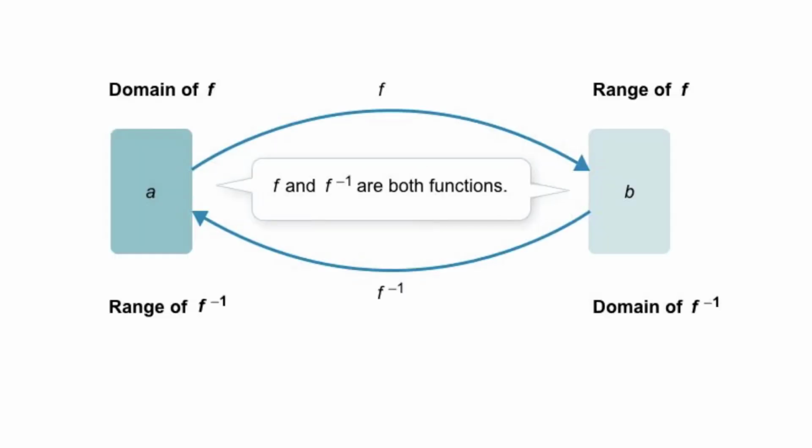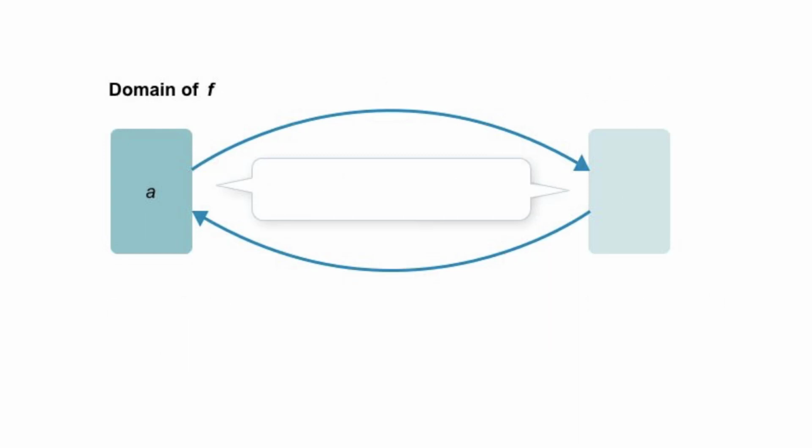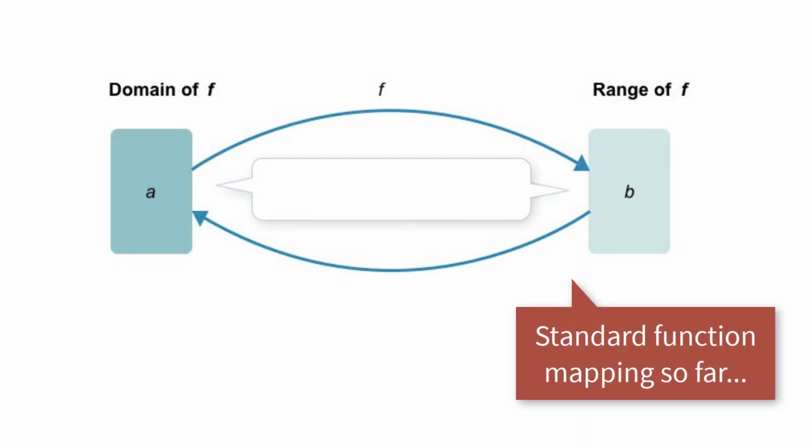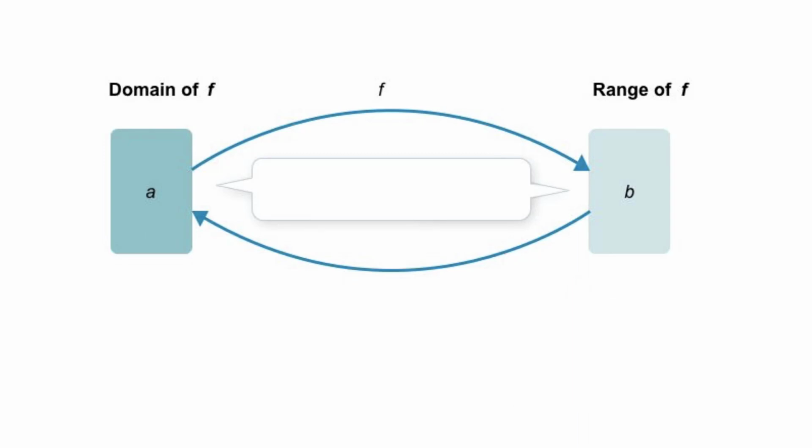Consider this diagram. On the left, the domain of f and a particular input value a. The function f applies a function rule f to the input a and leads us to the range of f and some output value b. Note that f and f inverse are both functions.